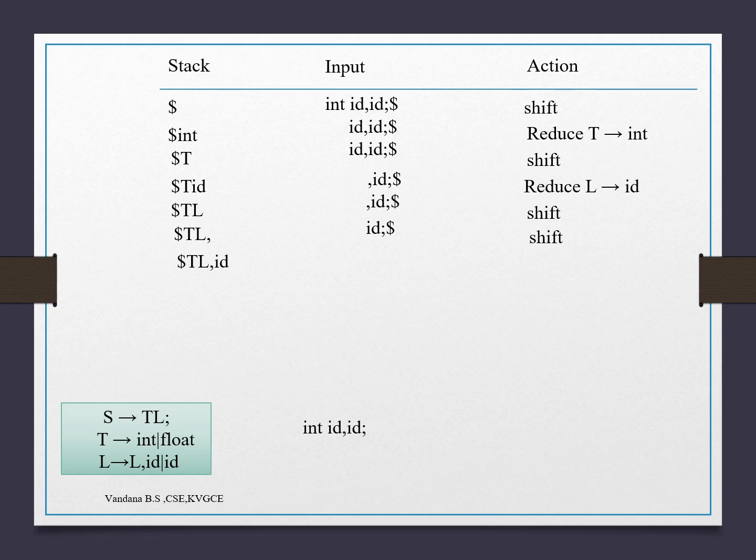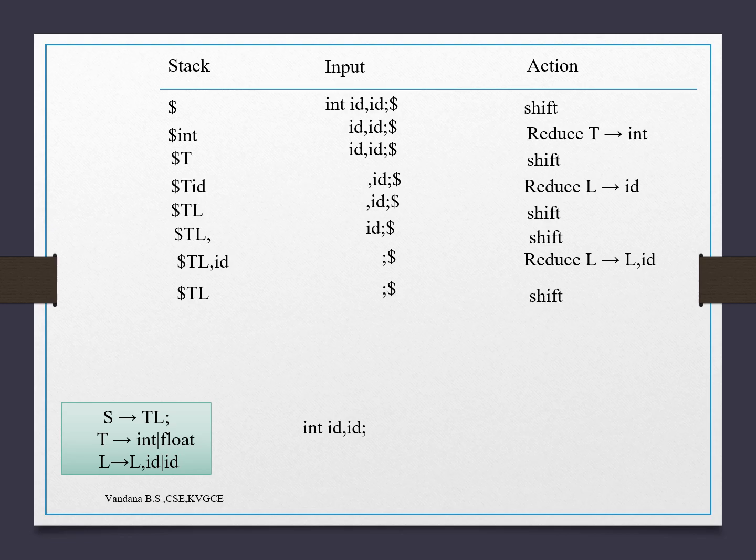If I replace ID with L, we get L comma L, which has no meaning. So we take the handle L comma ID and replace it with L. Now it becomes TL, and the stack top is L. Is TL a handle? No, so we perform a shift operation.